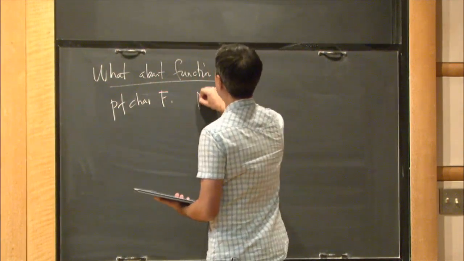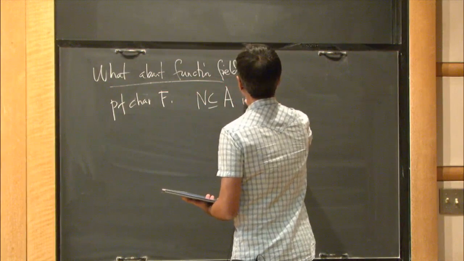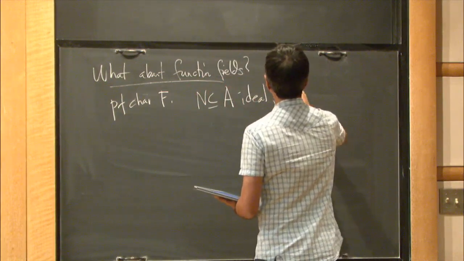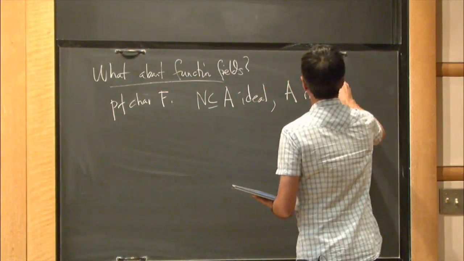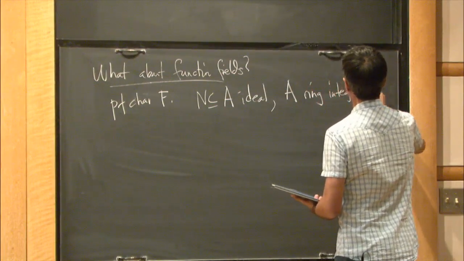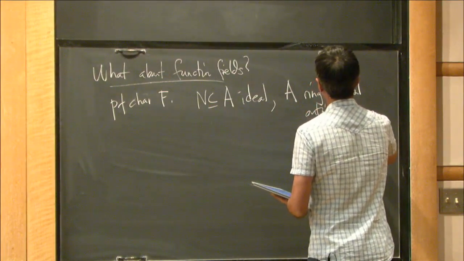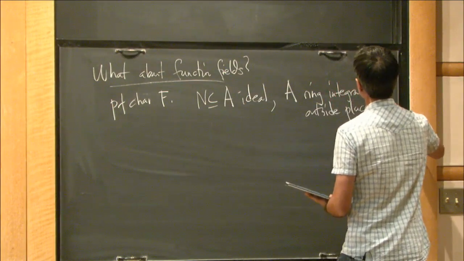And N is an ideal in A, where A is the ring of functions integral outside a single place, infinity.